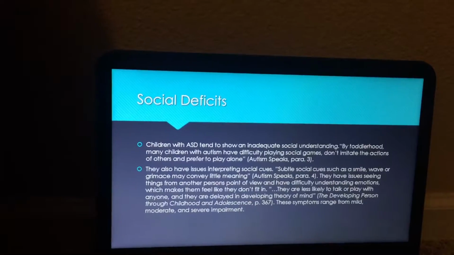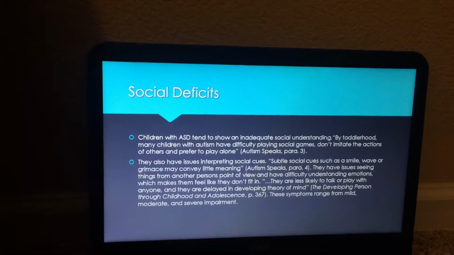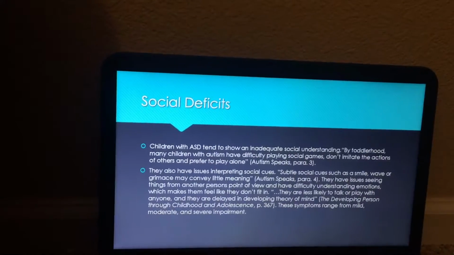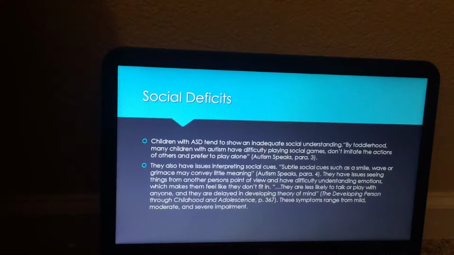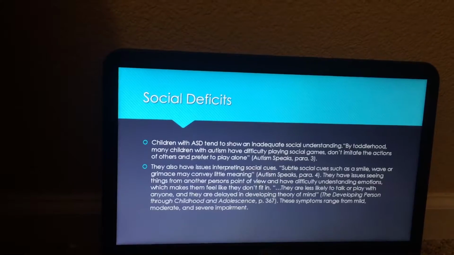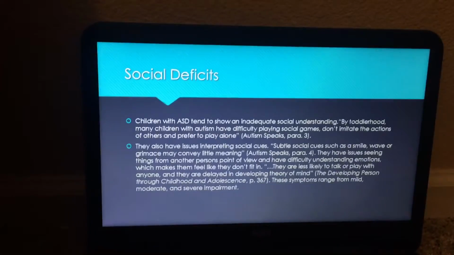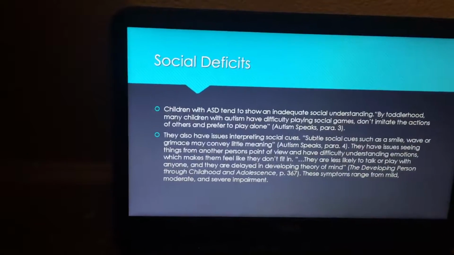Because they don't understand emotions, they don't fit in and they're less likely to talk or play with anyone, which ends up in having a delayed theory of mind. And those symptoms range from mild to moderate and severe.